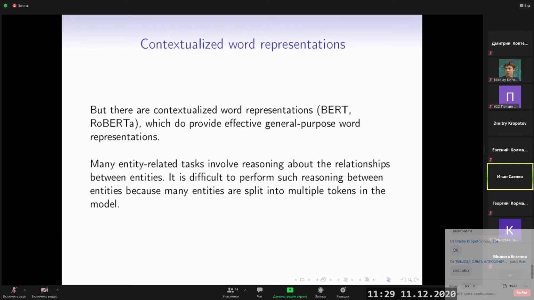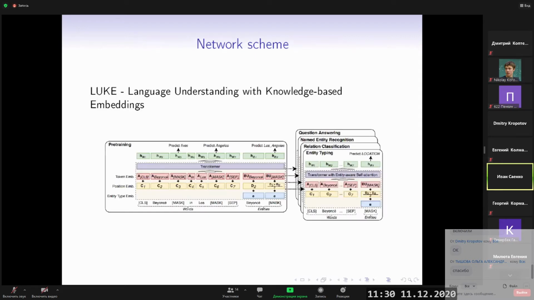And they provide word representations which are pretty good. And the authors of the article decided to train RoBERTa just like it was trained for words, but now not only for words, but for words and entities.